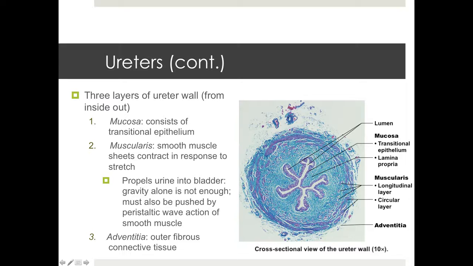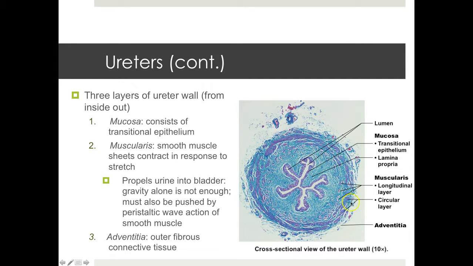So if we're looking at the internal surface of our ureter, that is going to be called our mucosa here, and it consists of transitional epithelium. After that, we have our muscularis layer, and this is made up of smooth muscle, just as we're used to in the digestive system. And we are going to have a longitudinal layer as well as a circular layer.